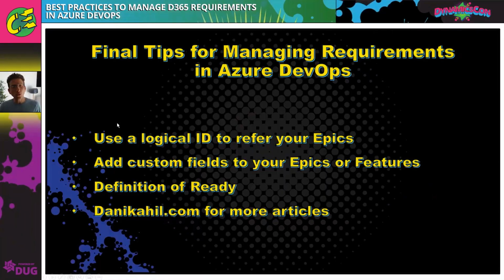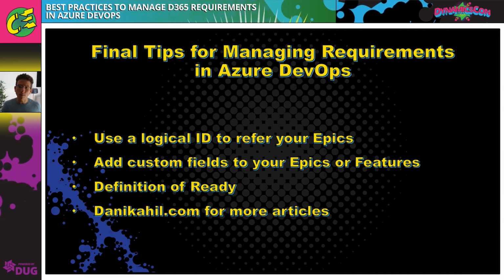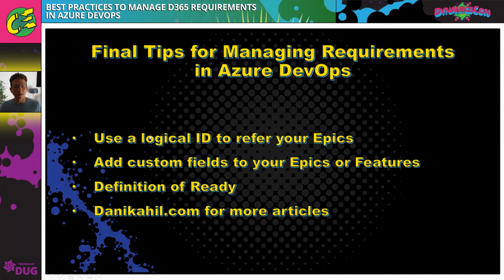So what I often use is logical ID to refer to epics. I'm not sure if you have seen, but epic 1, epic 2, epic 3, I named it with numbers so that I can say we are 70% close to finishing epic 1 instead of giving the whole name of the epic. It's easier for me to identify and talk about numbers.